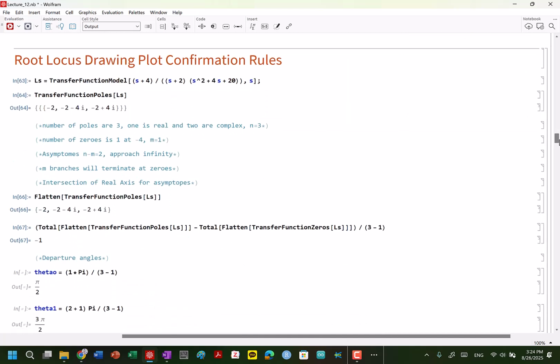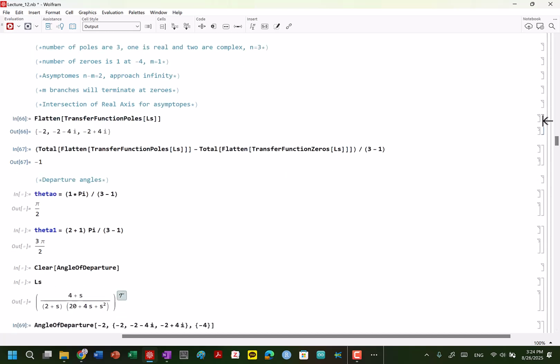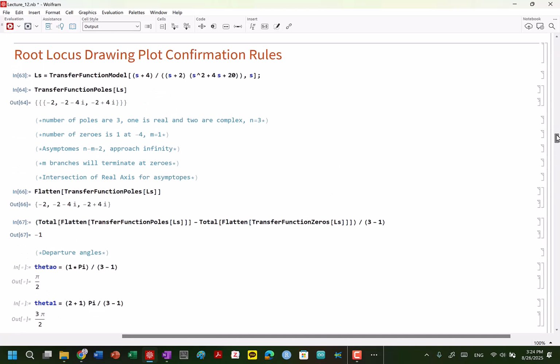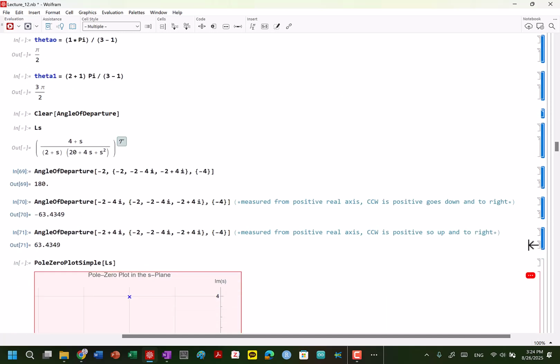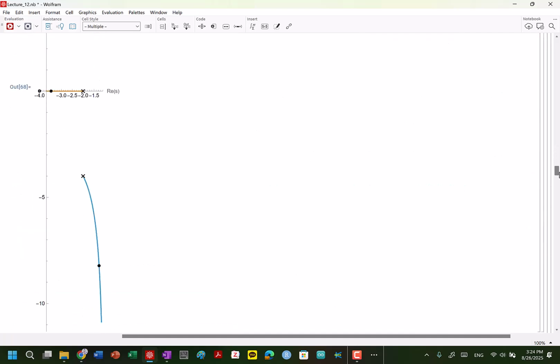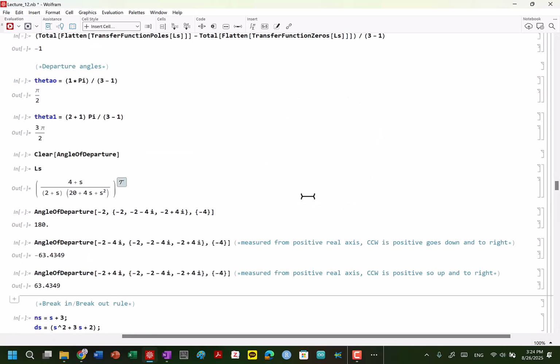I'm going to take some inspiration from this, and we can play around with it. I want the angle of departures. I want to really analyze this system deeply.